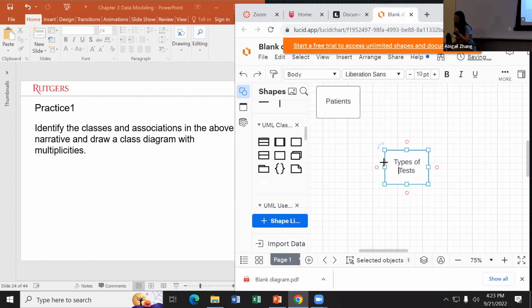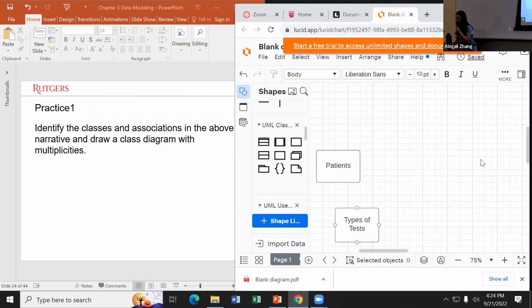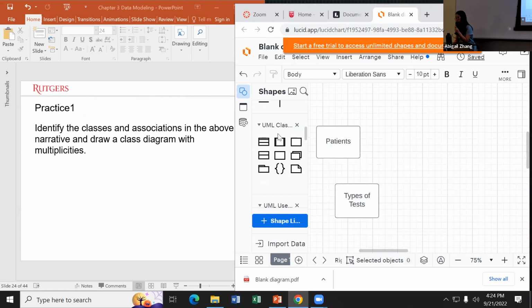Let's say blood test or heart test or lung test or liver test. Okay, so let's talk about types of tests. And then database. I can put it there and later we can discuss, right? So we can put database here and then later we can take a look at this.